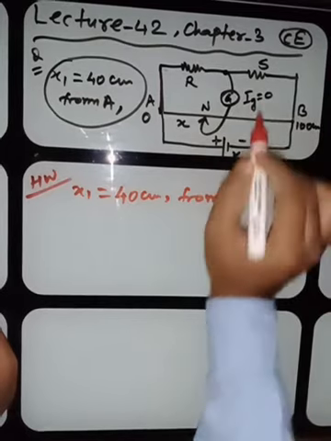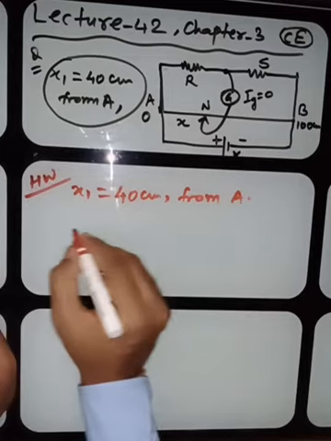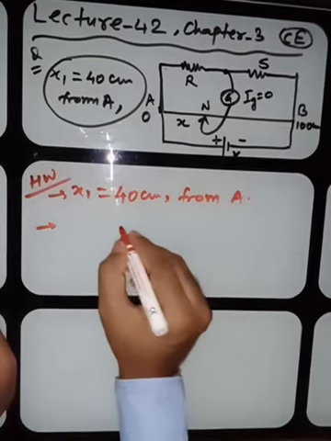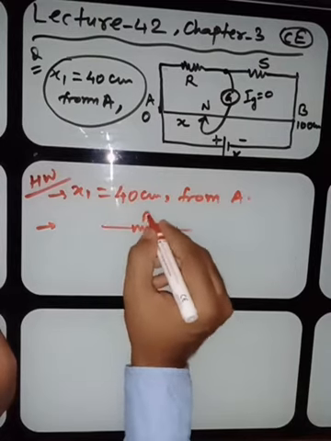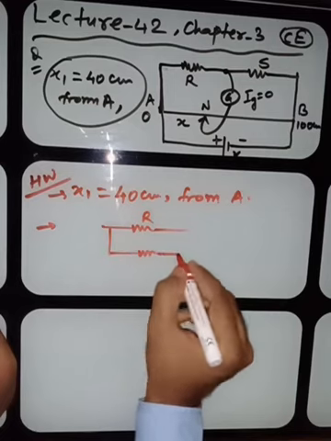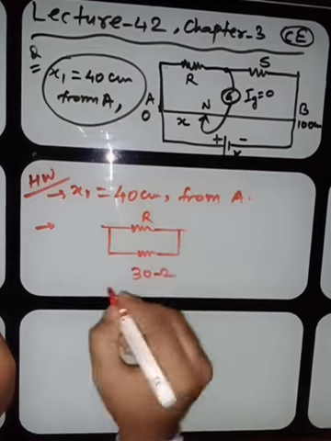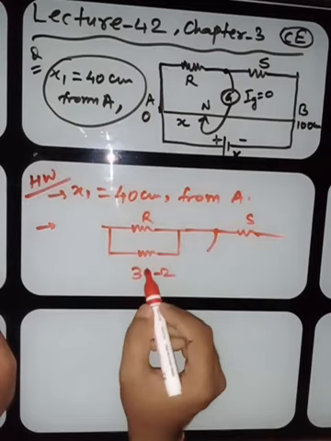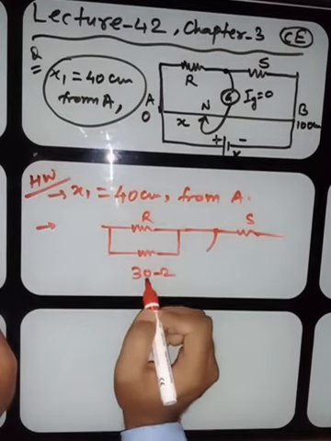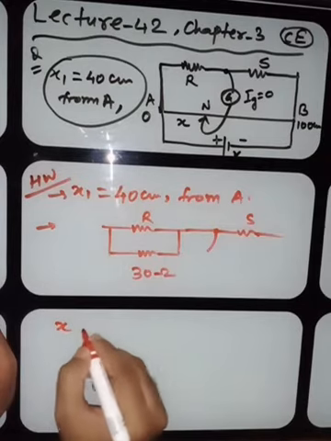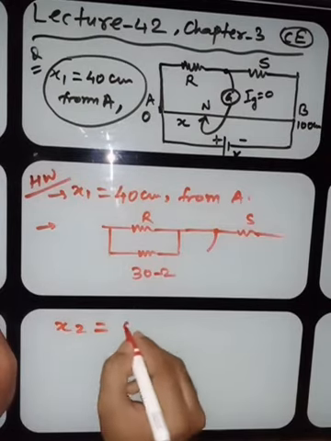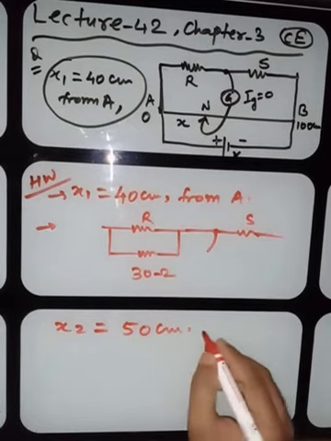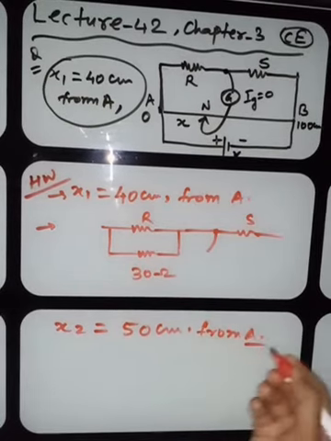When you apply R and S, this is the first case, and in the second case, you apply a 30 ohm resistor in parallel with R, where the galvanometer is connected, and then S. So when a parallel resistor of 30 ohm is connected, the balance length shifts and X2 becomes 50 centimeter from A, in other words the center.